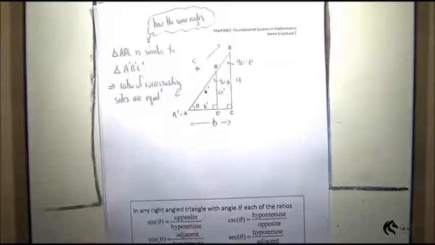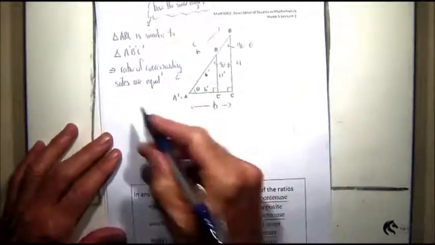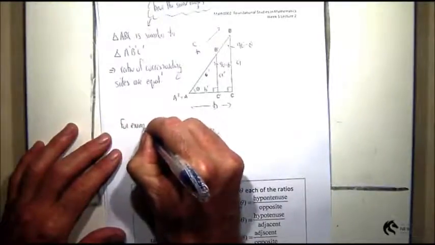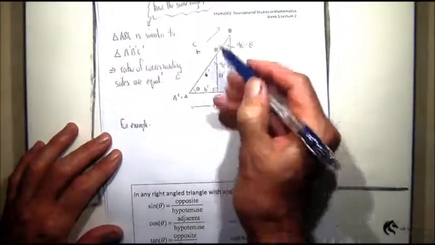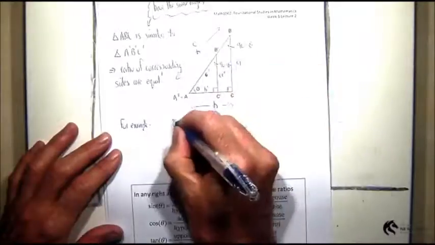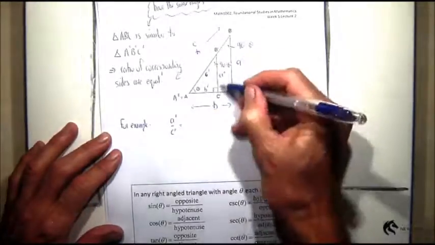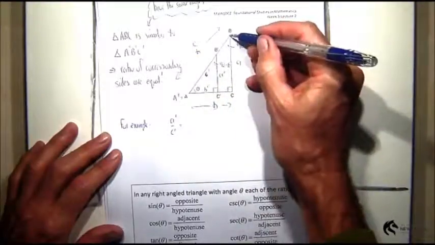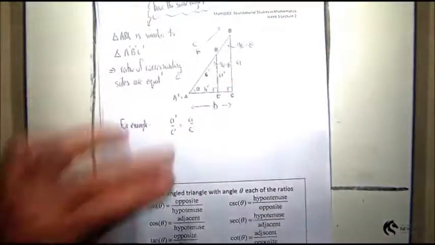So this says the ratio of corresponding sides. In other words, I can pick any pair that I like. For example, the ratio of A dash to C dash, the ratio of that side to that side in the little triangle, should be the same as the ratio in the big triangle of A to C. They are corresponding sides in each triangle, so their ratios will be the same.